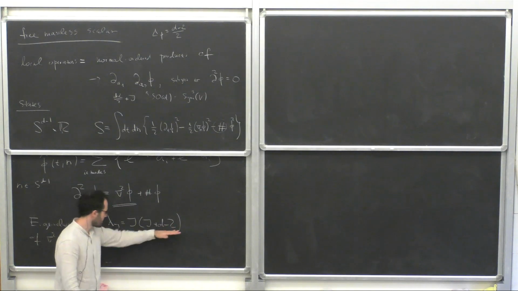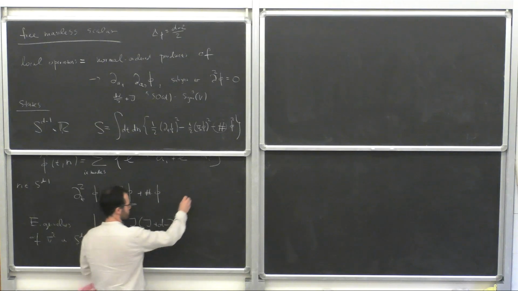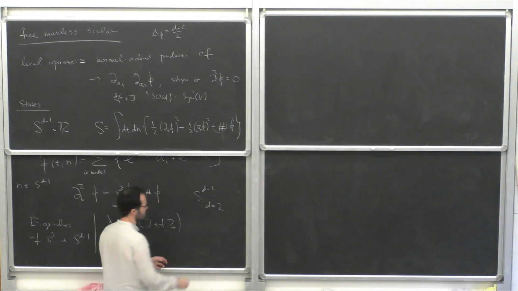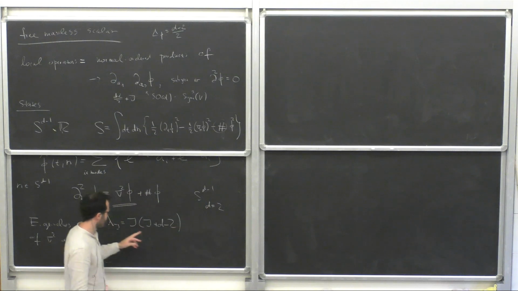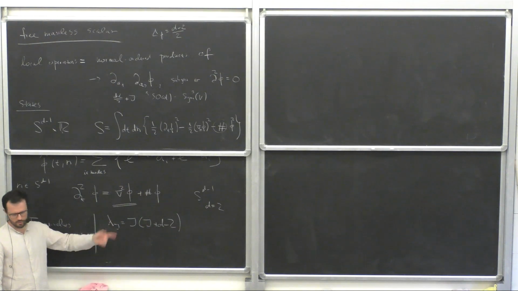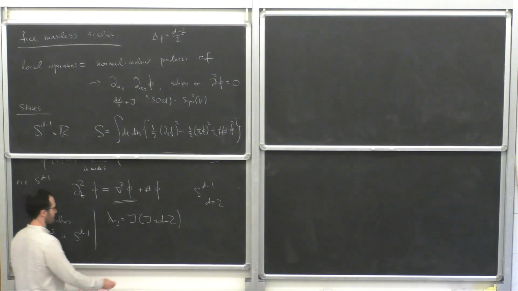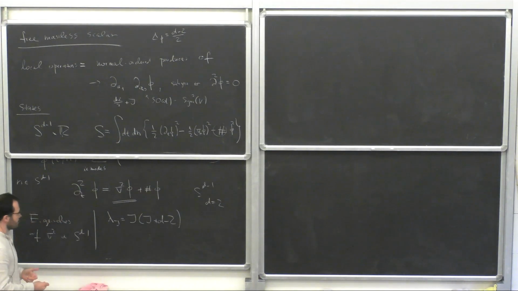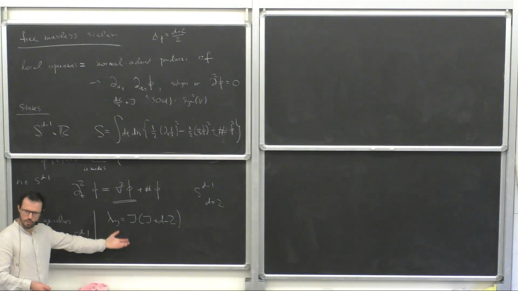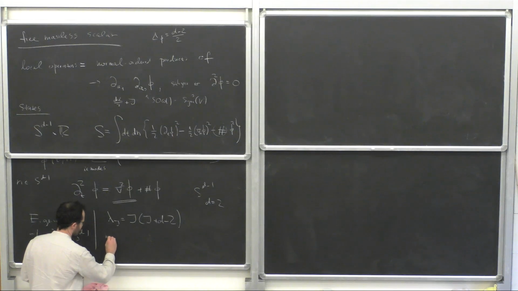You can check this, for example, when we are doing S^(d-1) for d equal 2. Then it's S^1, and this is just j squared. These are just the sines and cosines, which have eigenvalues j squared. And what is the multiplicity? The multiplicity, or degeneracy, is precisely the symmetric traceless representation of SO(d) of rank j.